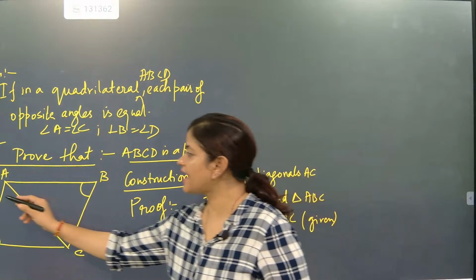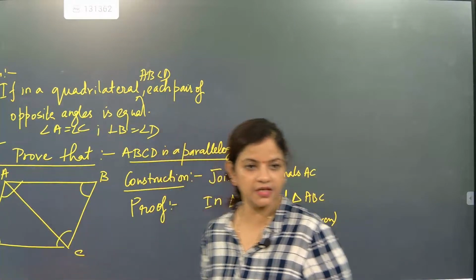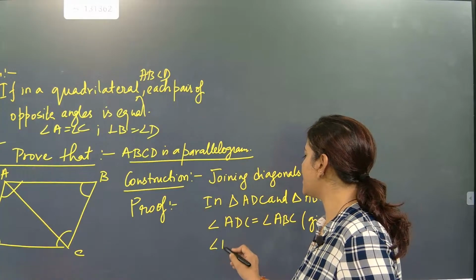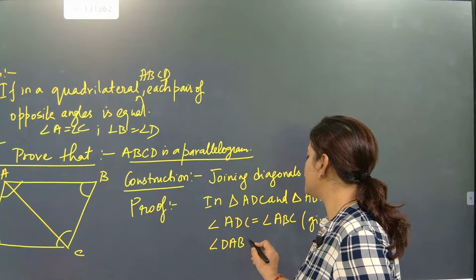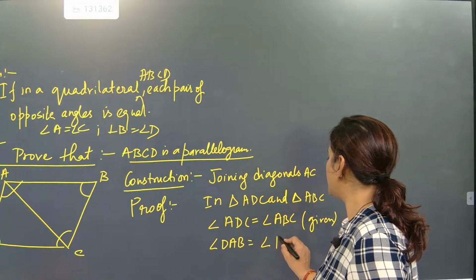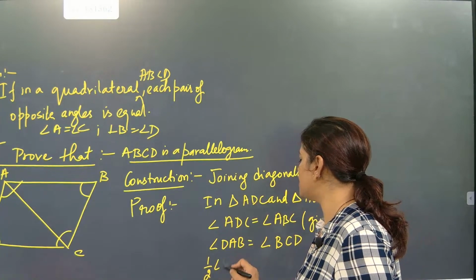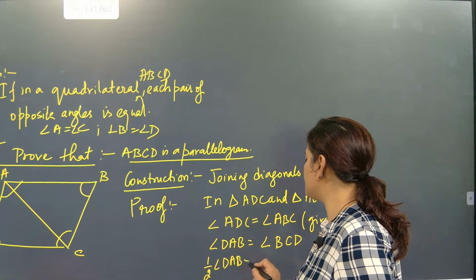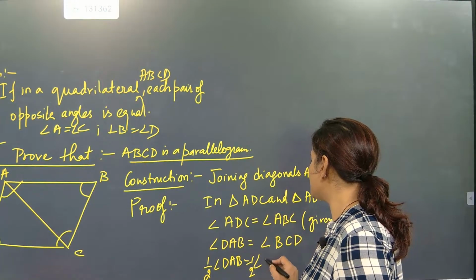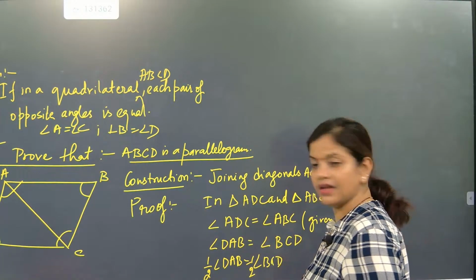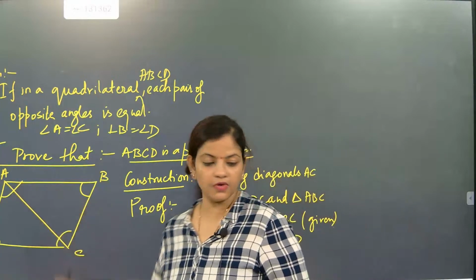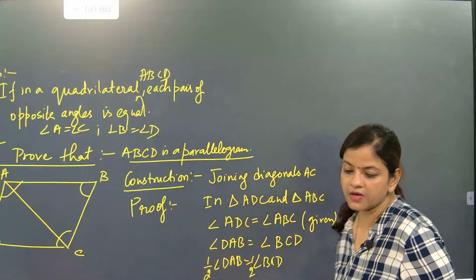Also, it is given that angle DAB is equal to angle BCD. If the total is equal, then its half will also be equal.